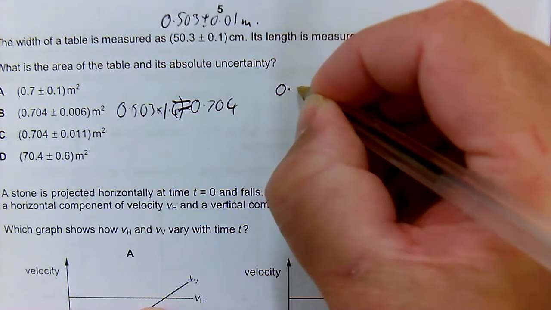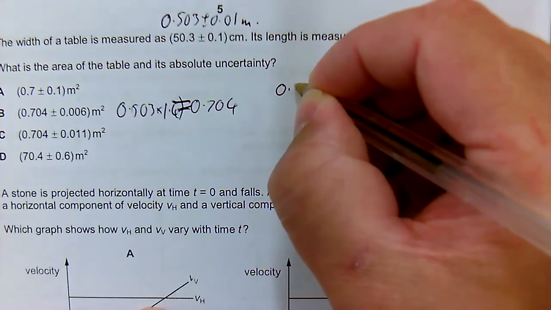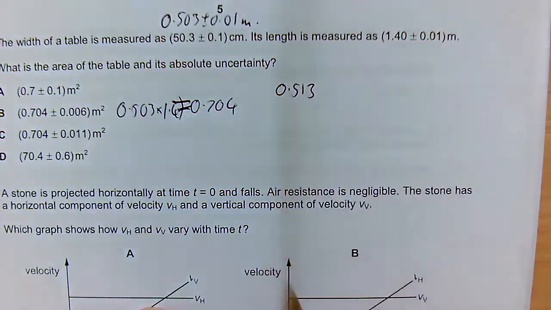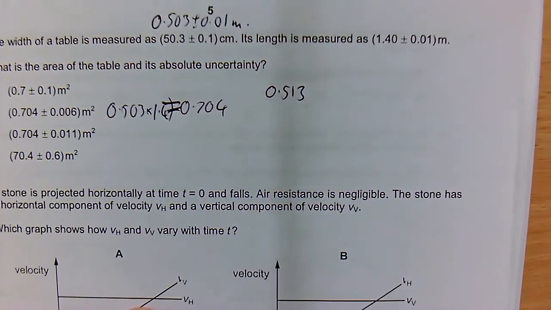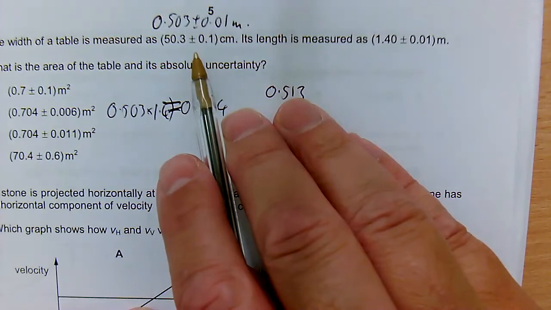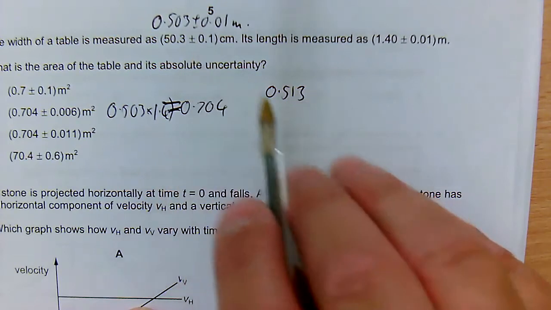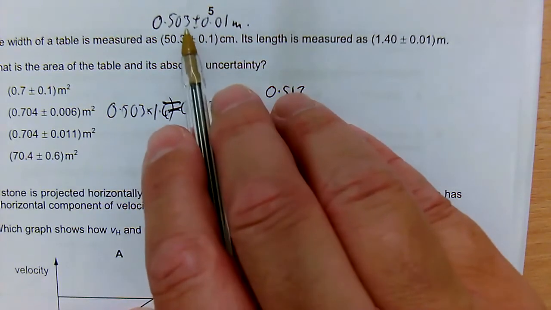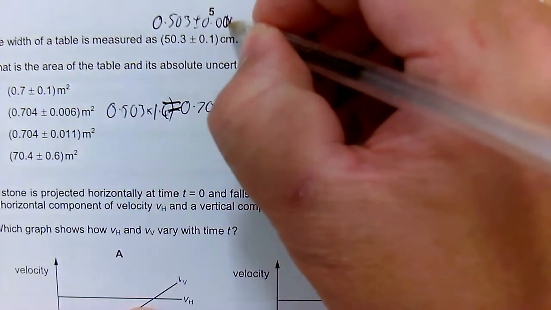That'll be 0.513. Got that right? No, it's not going to be quite right, is it? Because that's going to be plus or minus 0.1, so that'd be 0.01 meters.